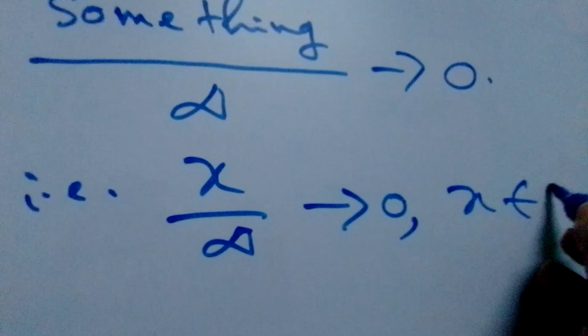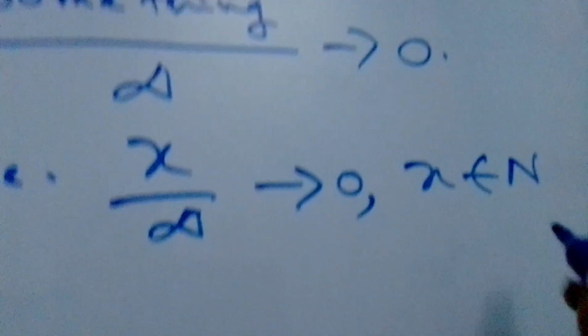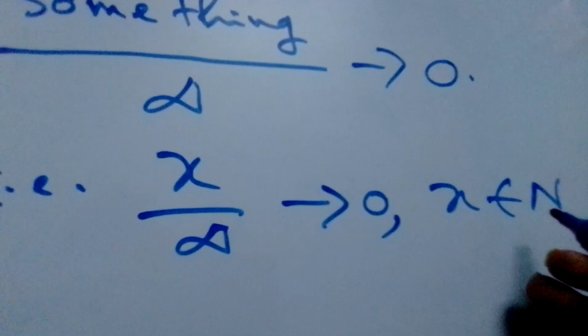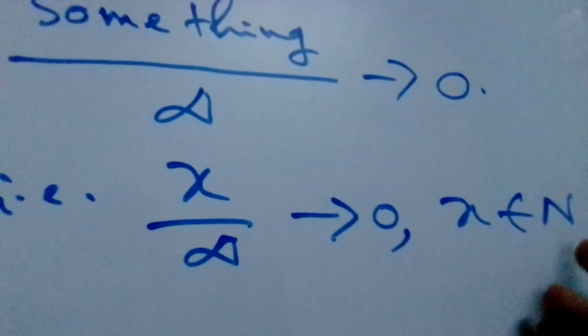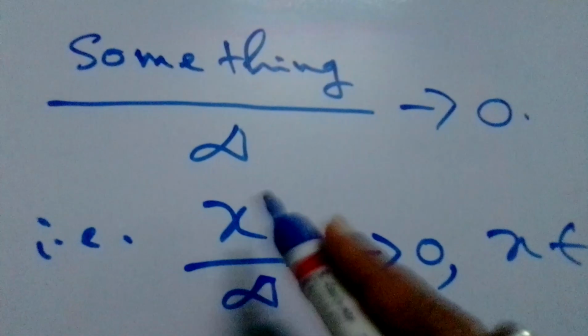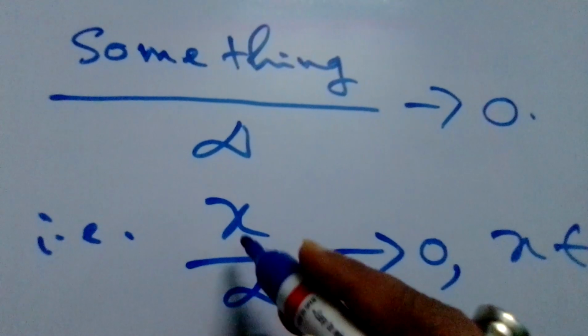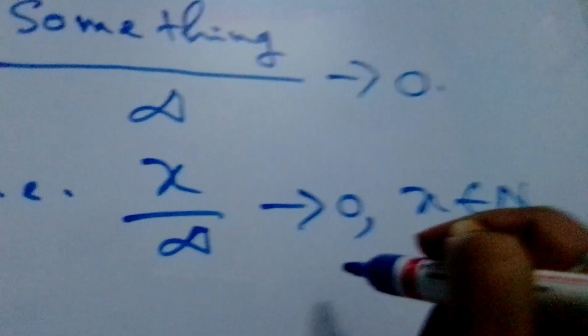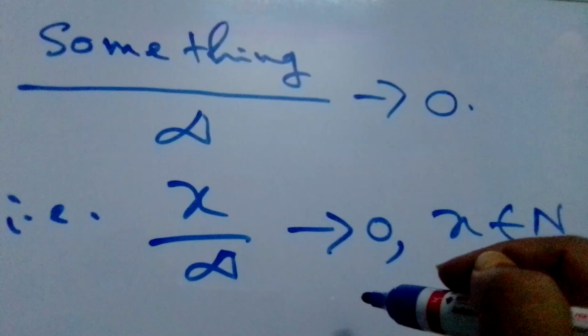If x belongs to the set of natural numbers or integers or any real number system, whatever it may be, a natural number, something by infinity, 1, 2, 3, 4, that will also go to 0, and already we demonstrated how this works.